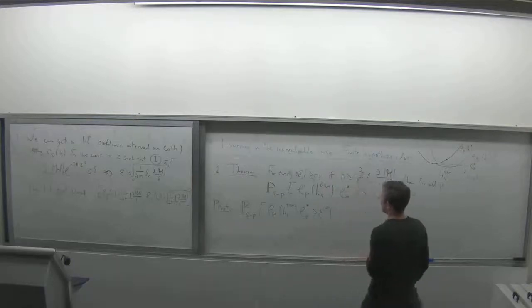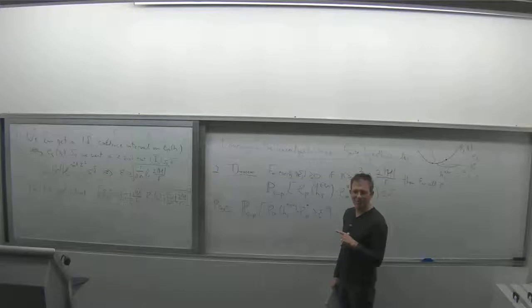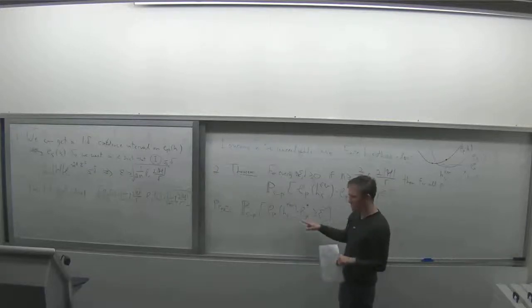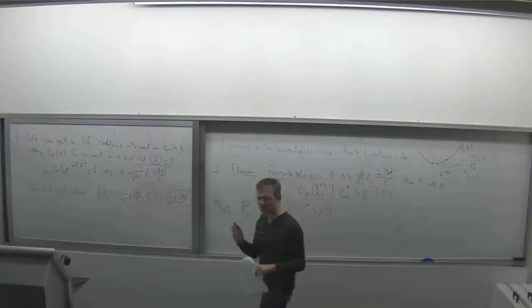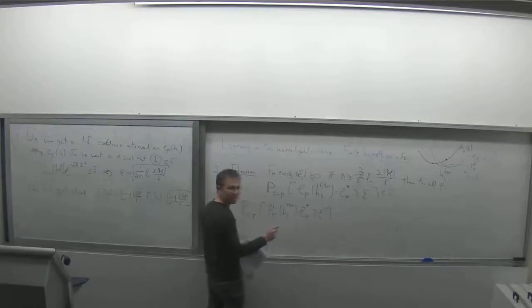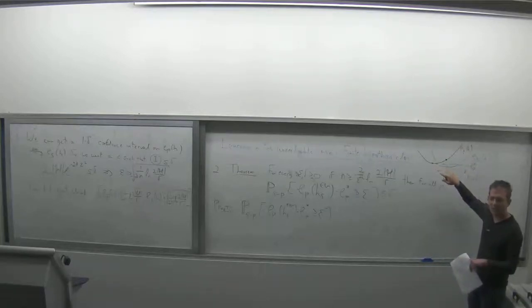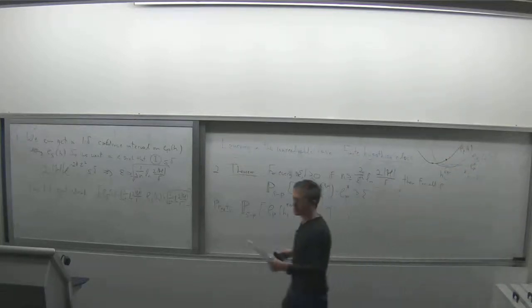Okay, so now I'm going to use this lemma. You remember the lemma? The lemma related this thing to the supremum. The lemma was not probabilistic at all. It just said that this difference here is less than twice the supremum of the difference between these curves.